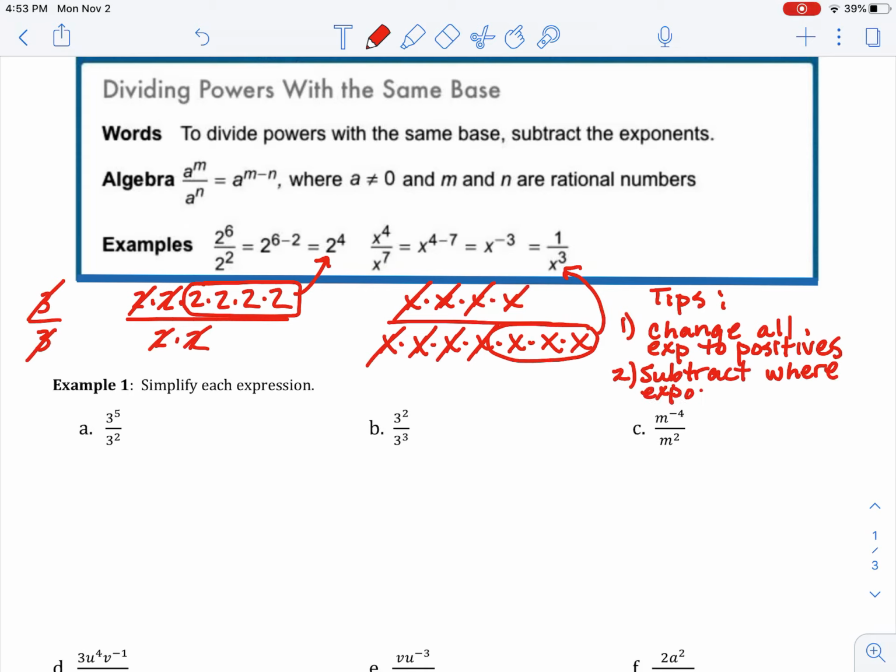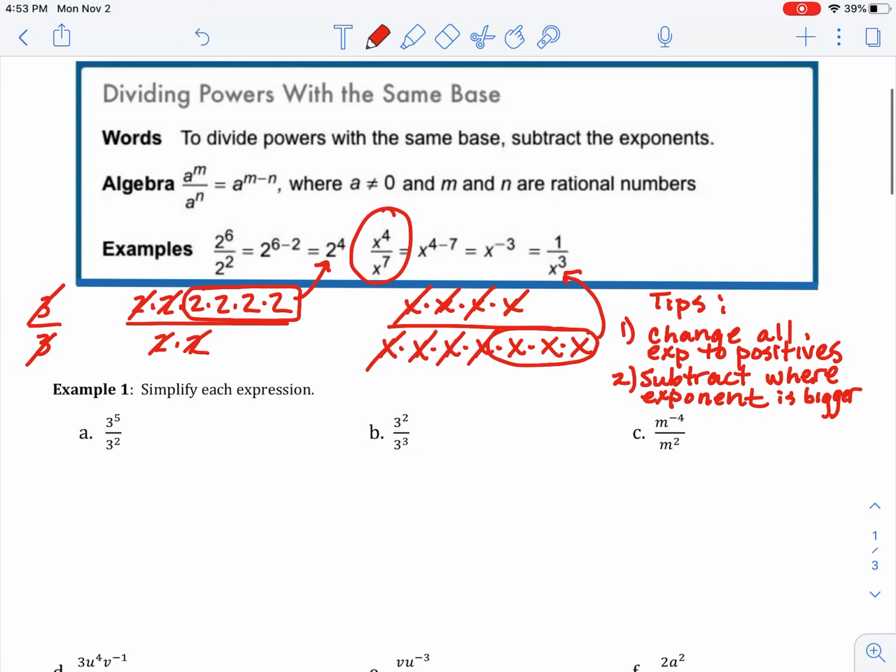We're going to re-look at that second example in the blue box. So where the exponent is bigger. Sorry, I can't write and talk at the same time. There we go. If we would have subtracted where the exponent was bigger on x to the 4th over x to the 7th, 7 is bigger than 4, so we would have subtracted at the bottom.